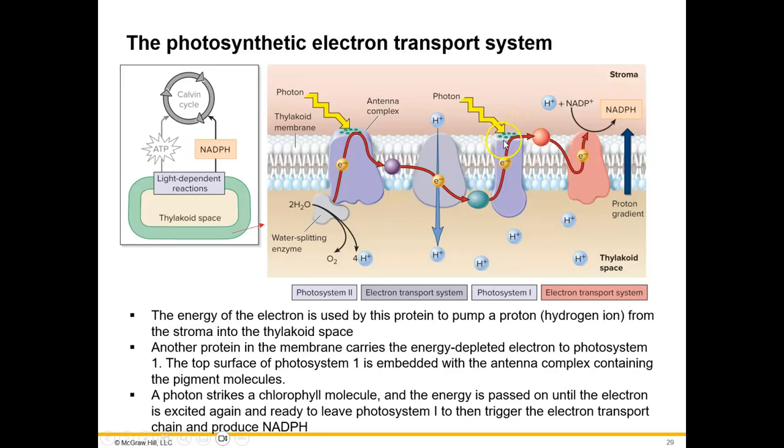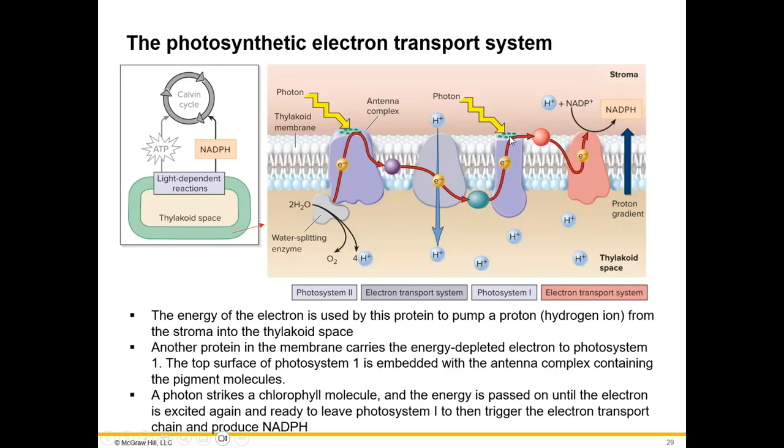So these are all of the chlorophyll pigment molecules, and we're calling that the antenna because that's what's pulling these photons to it. A photon will strike the chlorophyll molecule, and the energy will be passed on until the electron is excited again, excited like energized, and ready to leave photosystem 1.